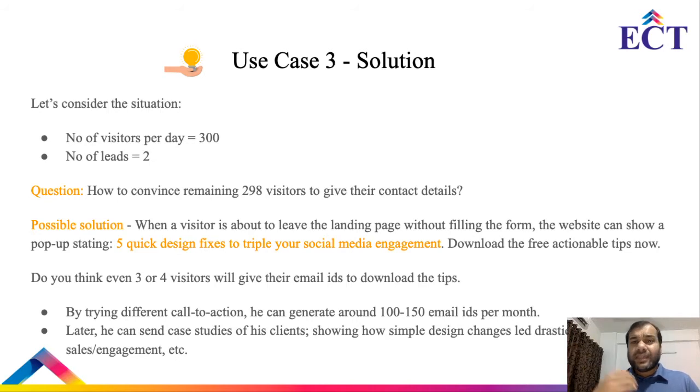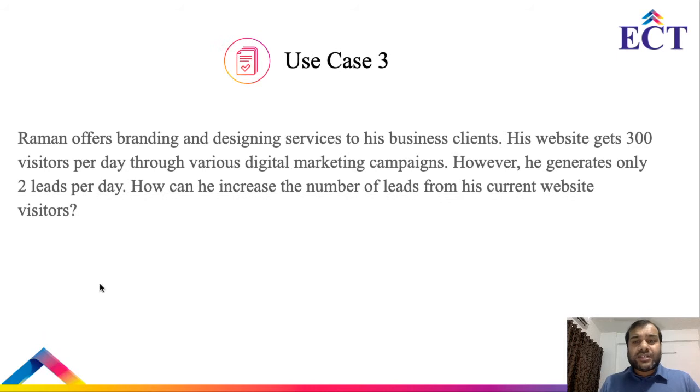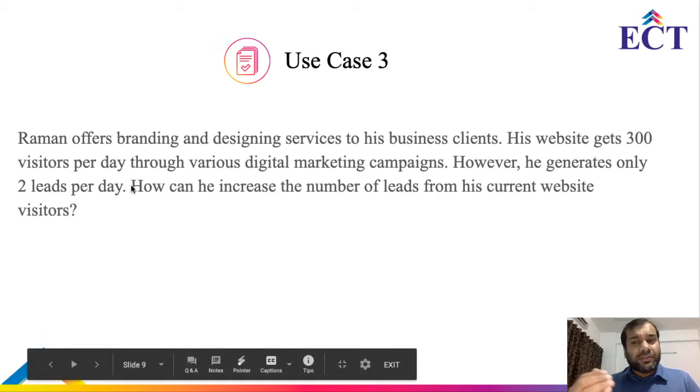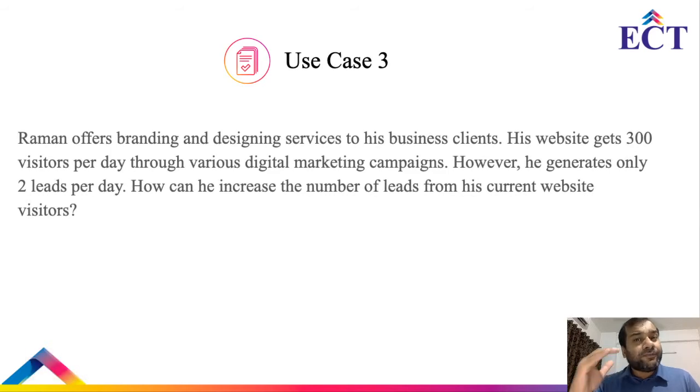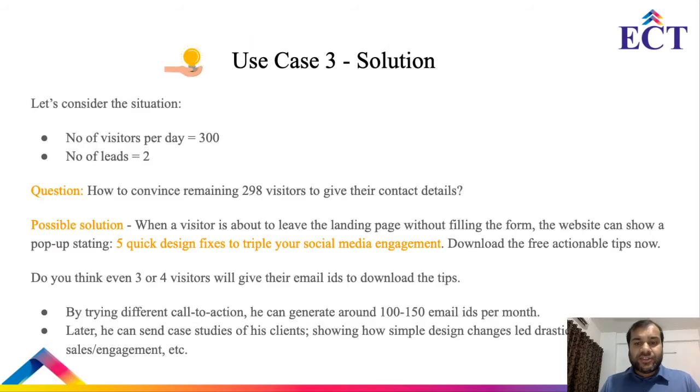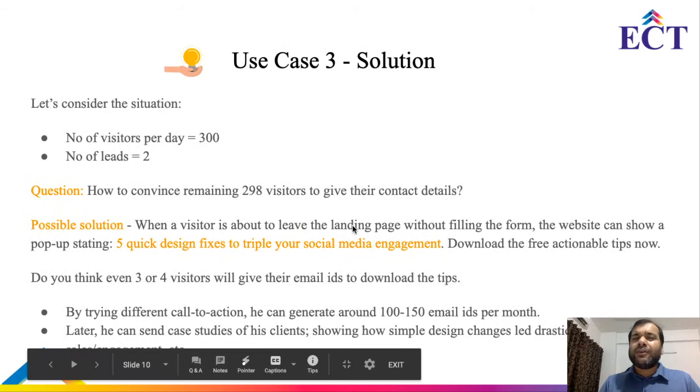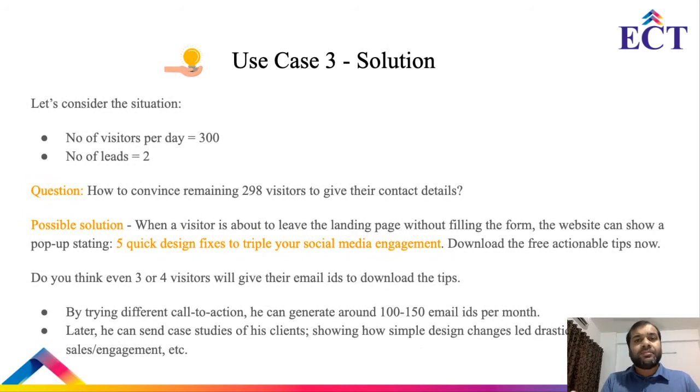He can increase his conversion rate from earlier just 1%, maybe even less than that, to maybe 3 to 4, even 5% by changing this solution and giving something to the reader so that they can give their email ID, right?